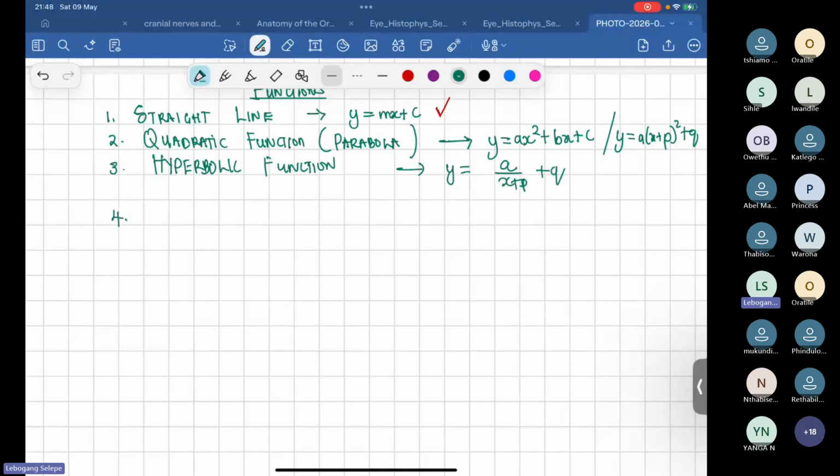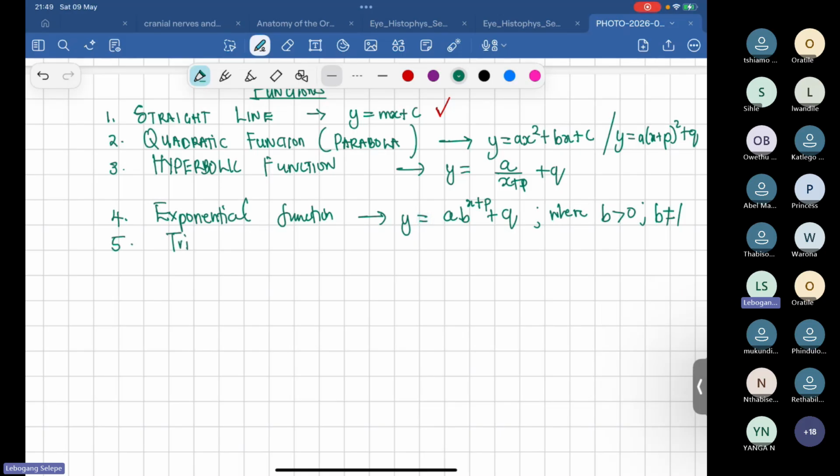Then you also need to do an exponential function, which is governed by y is equal to a times b to the power of x plus p, plus q, where b must be a positive number and cannot be equal to 1. And then after that, we need to do trigonometric functions.